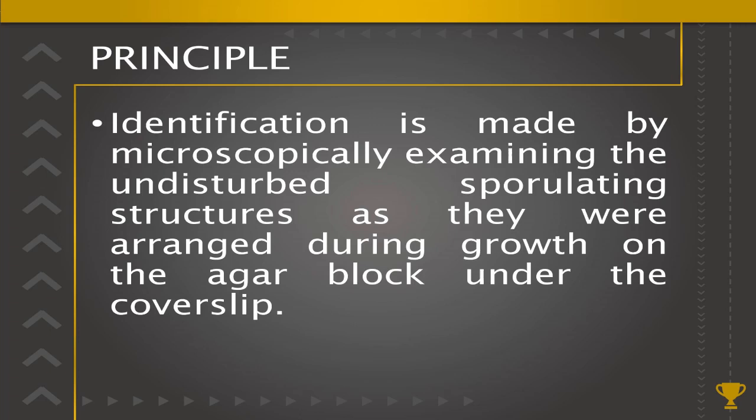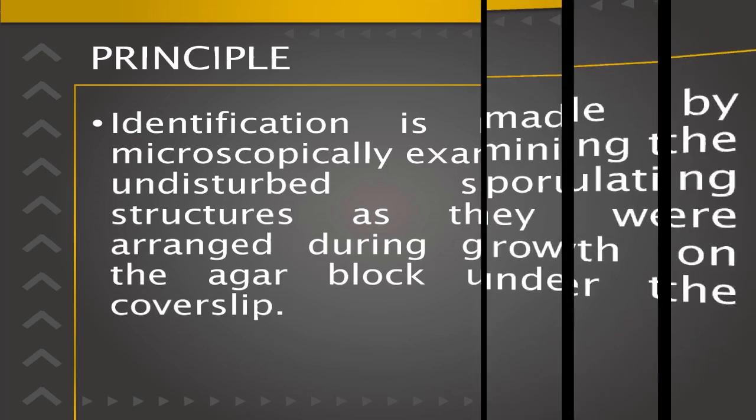Identification is made by microscopically examining the undisturbed sporulating structures as they were arranged during growth on the agar block under the cover slip. Fungi, when grown in nutrition-deficient medium, develop spores rapidly and adhere to the surface of the cover slip.